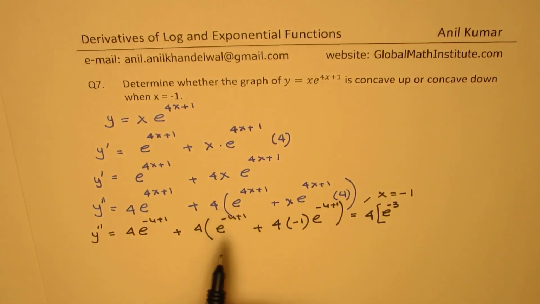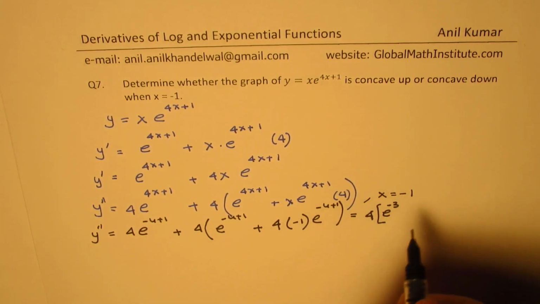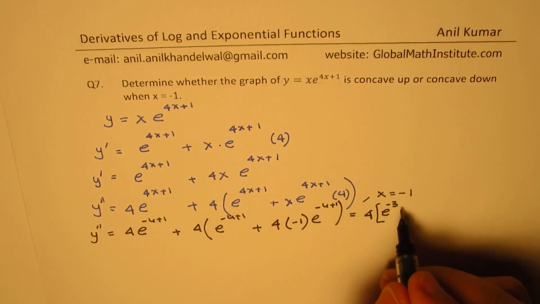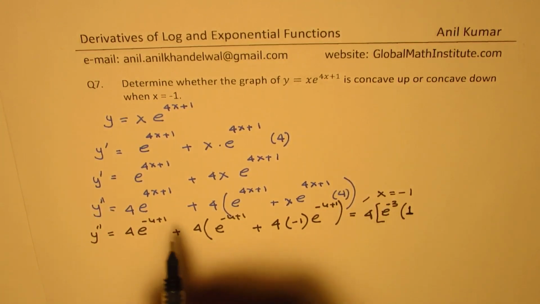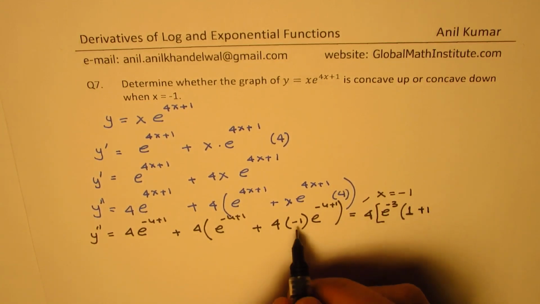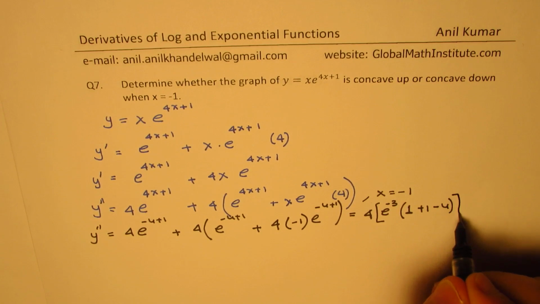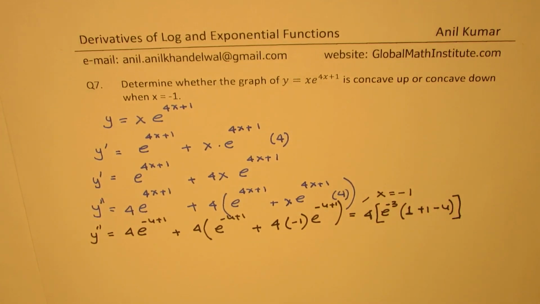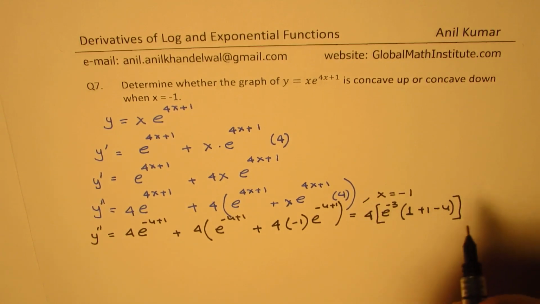If we take 4 common and e to the power of -3 common, for the first term we have 1, and for the second term we again get plus 1, and for the third term we get minus 4, because it is 4 times -1 times 4. The exponential term will always be positive.